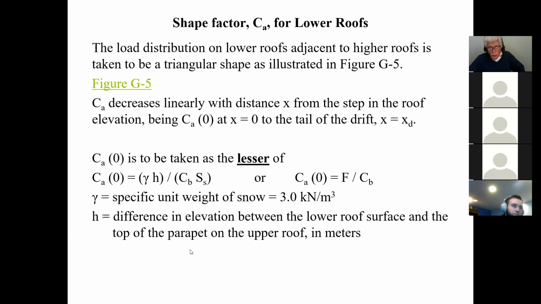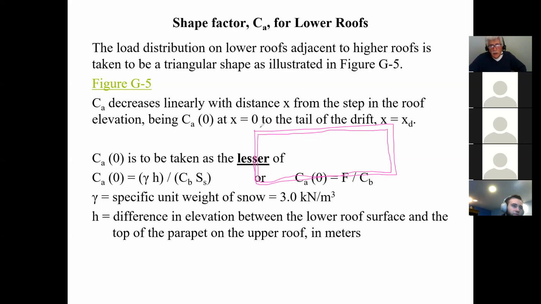Who doesn't know what a parapet is? Please let me know and I'll explain it. Okay. When architects build flat roofs, they build a small wall around the perimeter of the building. This could be about 10 inches, or 30 or 40 centimeters.